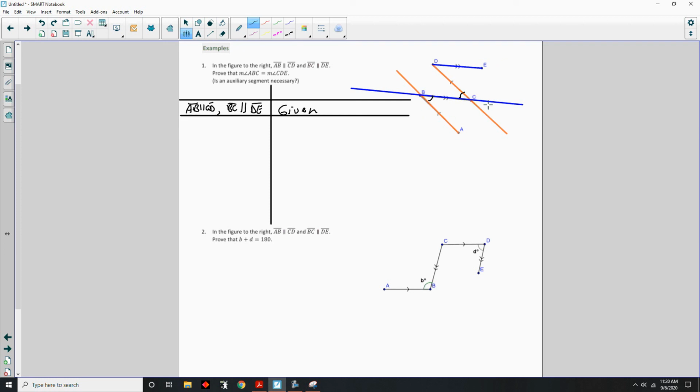So angle ABC is congruent to angle BCD because of alternate interior angles. So the measure of angle ABC is equal to the measure of angle BCD. Reason? If parallel lines are cut by a transversal, then alternate interior angles are equal in measure. Okay, so now we have ABC is congruent to BCD.